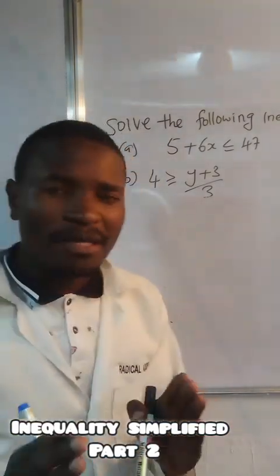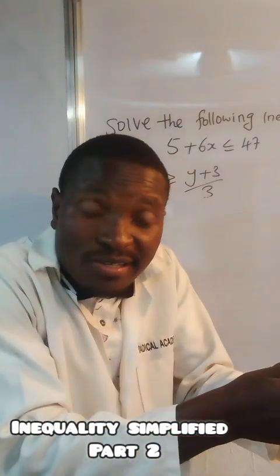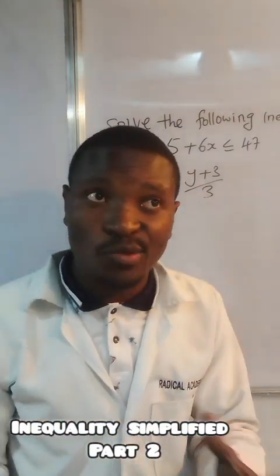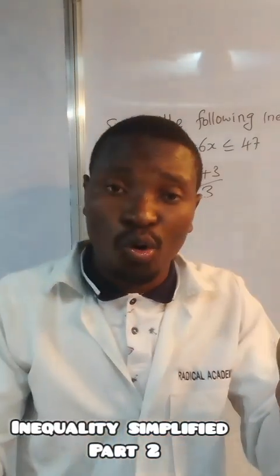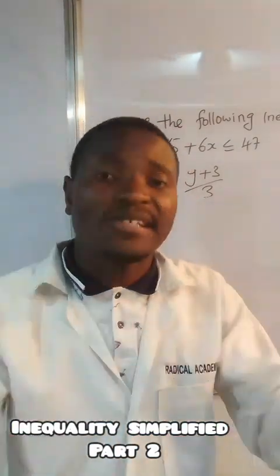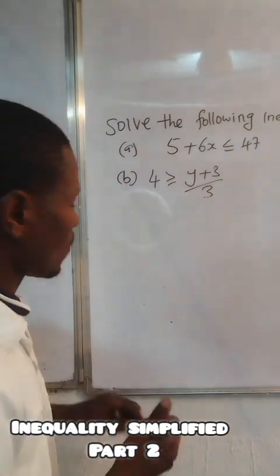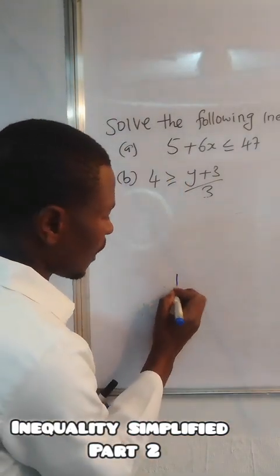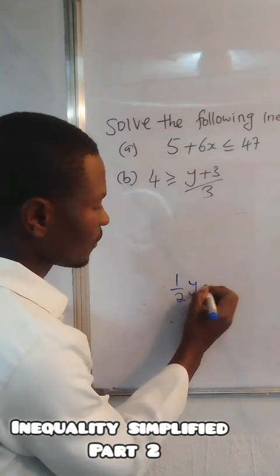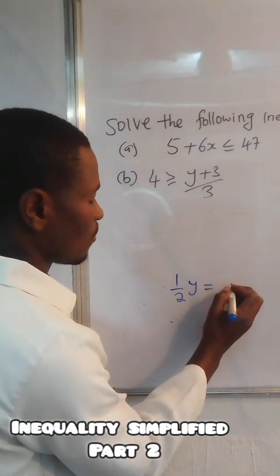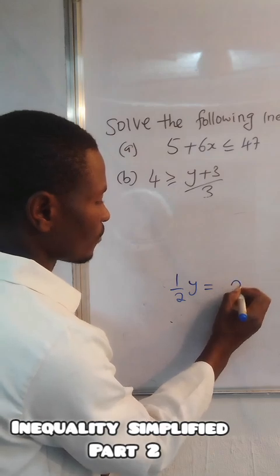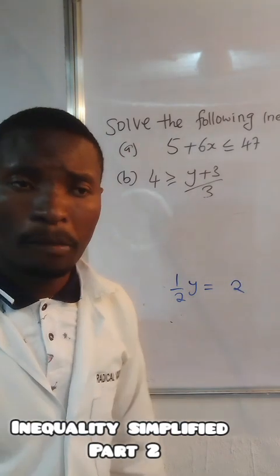Well, before I get into this actual question, let me provide you with some other simple math based on inequalities, or just in general mathematics. If I have half y equals, let's say for example, 2.